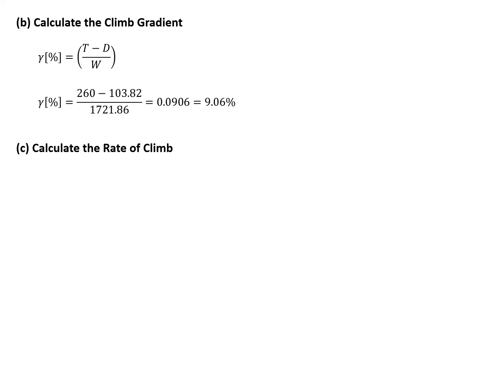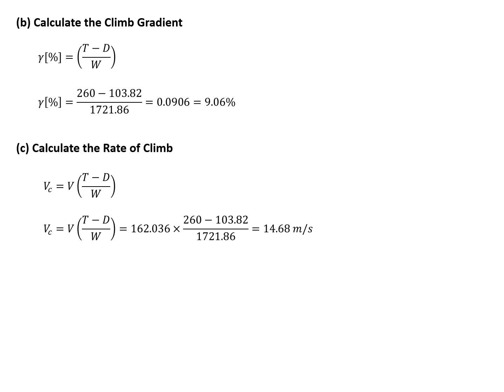Now let's move to the third question. Calculate the rate of climb. Basically, it's the vertical speed, and it follows this relation, and it's quite straightforward. And we just plug in the numbers. The vertical speed or rate of climb is 14.668 meter per second.